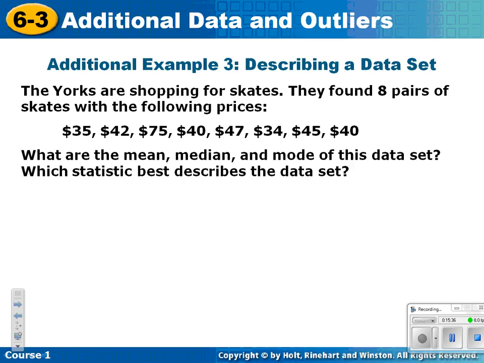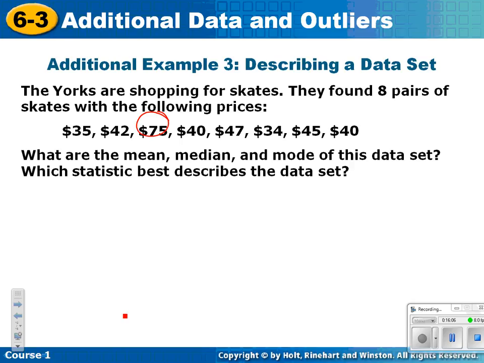These are statistics, mean, median, and mode. Those are called statistics, okay? Which one best describes this data set? You should be able to answer that question without even figuring out the mean, median, and mode right now. Which one's going to be the best? What do you think? Why would you say the median? Because they're all like 40s and 30s, and there's one that's 75. This guy right here is an outlier.